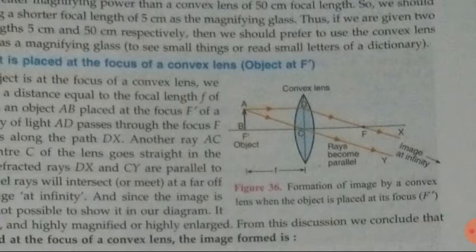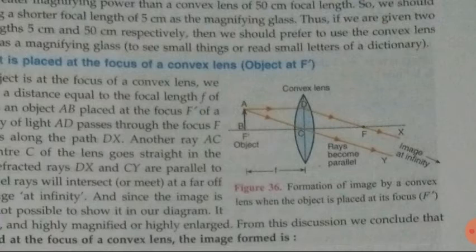Okay, sorry, we will not extrapolate them backside. We can simply say that these rays, after refraction, become parallel, and they are simply going on and somewhere at infinity they will meet with each other. So image will be formed at infinity.